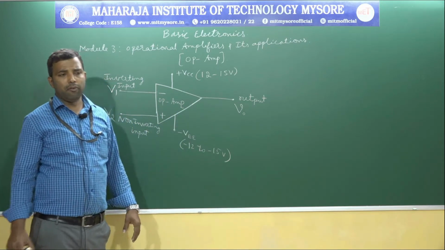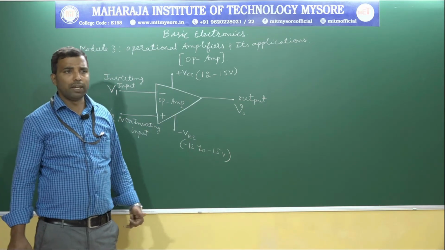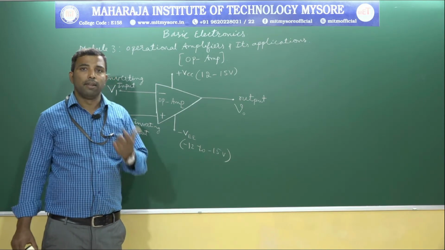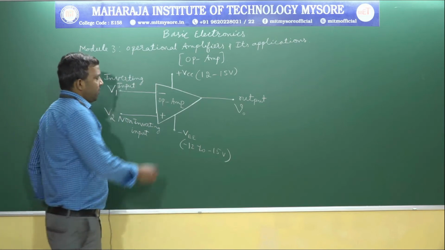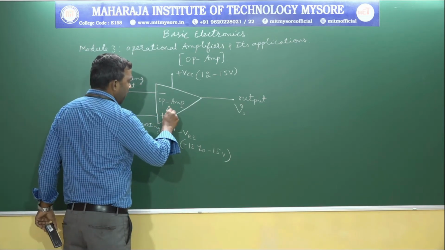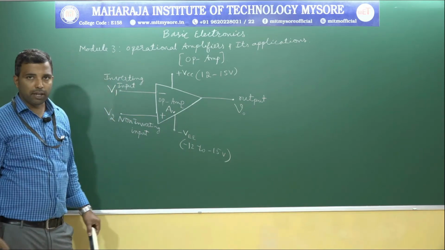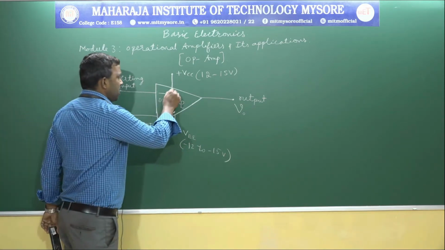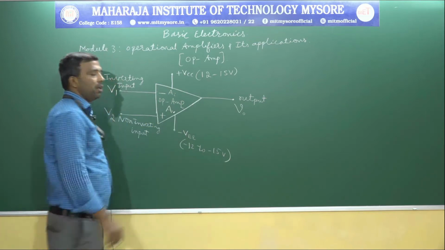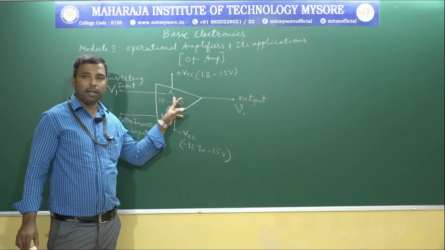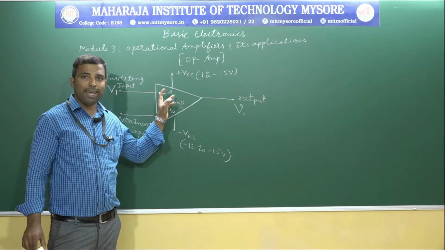All amplifiers have their own gain, or amplification factor, represented by A. If it is voltage, it is represented by AV. If it is current, it is represented by AI, depending upon the input. If current is the input, we consider the gain of the OPAMP as AI.